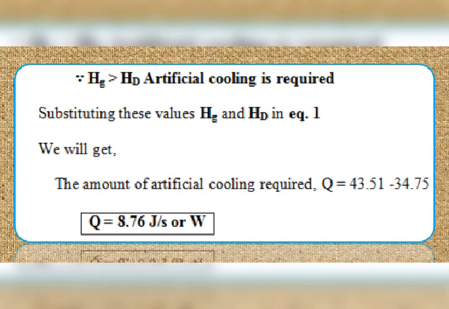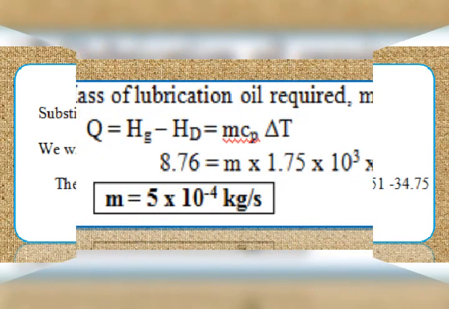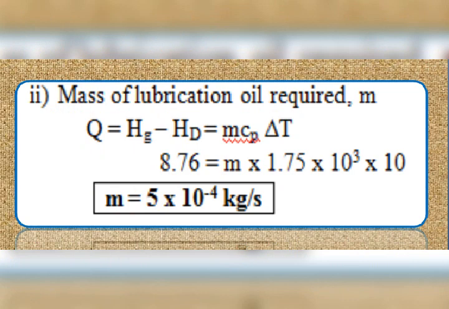So now we need to substitute these two values, H suffix G and H suffix D, in the first equation. We are getting the amount of artificial cooling required, Q is equal to 8.76 joules per second or watt. This is the required solution for the first unknown, that is the amount of artificial cooling required, Q is equal to 8.76 joules per second or watt.